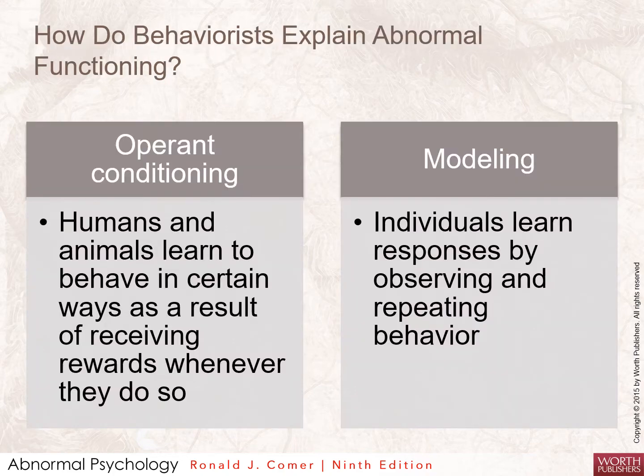So operant conditioning is the term we use where humans and animals learn to behave a certain way as a result of receiving rewards or getting punished. And rewards are much more beneficial than punishment. They work better. Punishment is not the answer. Punishment can change a behavior in the short term, but it doesn't have an effect in the long term.